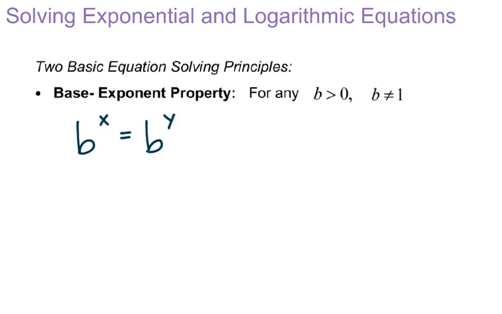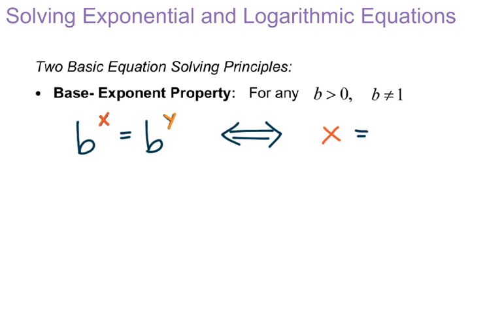If we have an exponential equation and we have the same base on the left equal to the same base on the right, and they're both raised to a different exponential power, then what we can say, this is a biconditional statement, so we go both directions, is that x would equal y.